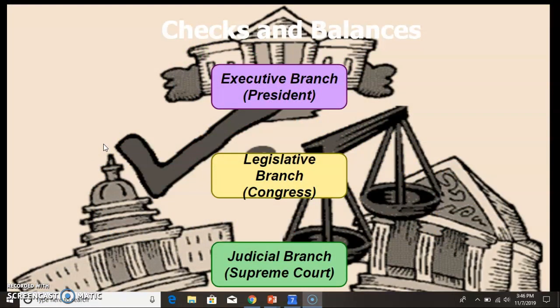Yesterday, with the chart that you created with your group on the 3 branches, you might have noticed that one or 2 branches are doing one thing, like appointing important officers to the Supreme Court, or judges, or persons to the cabinet, or an impeachment trial, or writing a law. All of those required more than one branch.